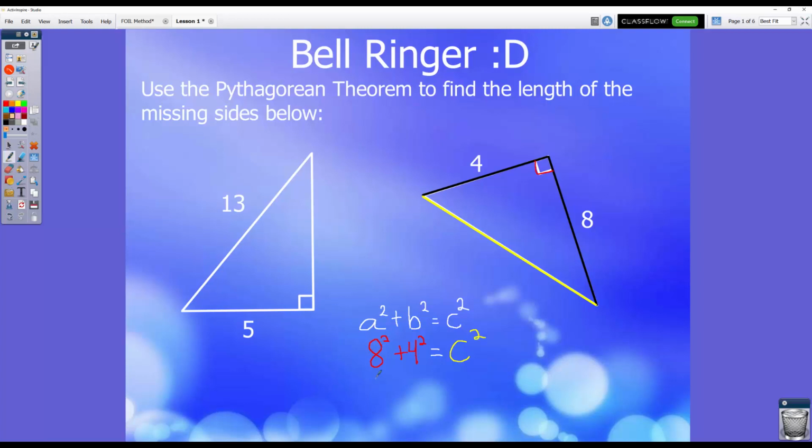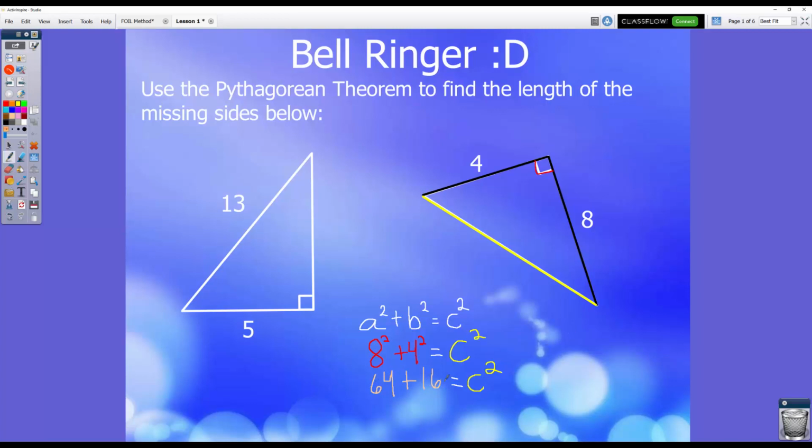So 8 squared gives us 64, plus 4 squared, which is 16. And that's going to continue to be equal to c squared. We're going to call it c until we figure out what that side length is.